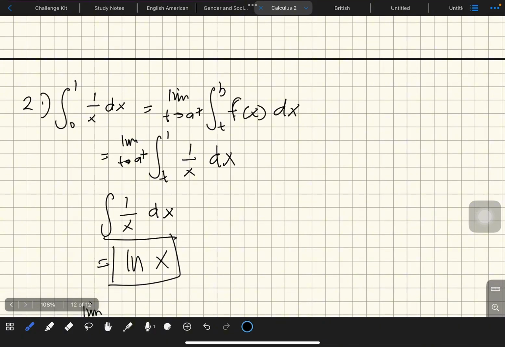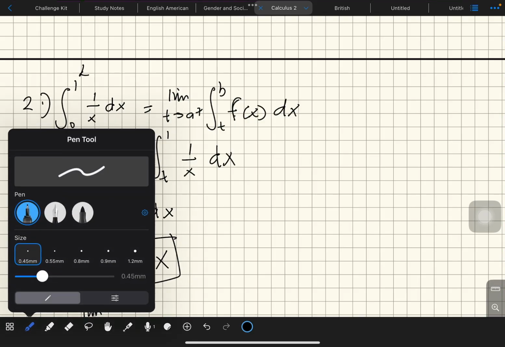This is 0, because the value of our a is 0, right? And the value of our b is 1. So that's why the b changes to 1 here, and the limit will become 0.